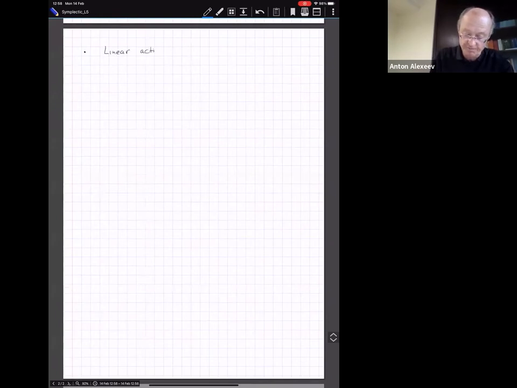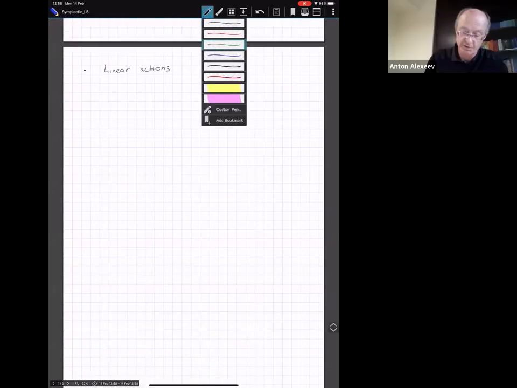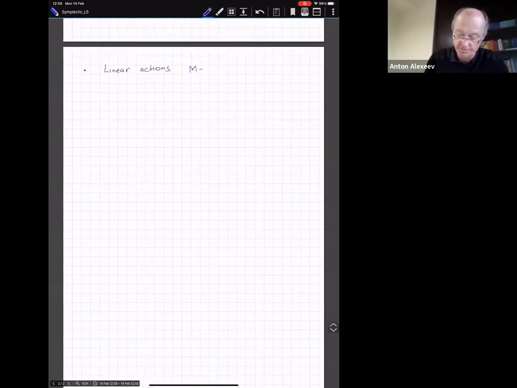My main examples today will be linear actions of groups on vector spaces. So we say that M is V, a vector space over R, so a real vector space.